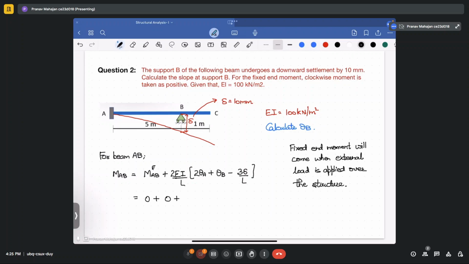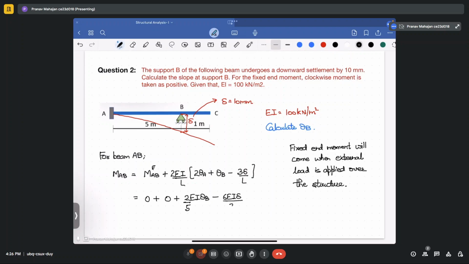Now your next term is 2EI theta B upon L. What is the value of L? L here is 5. And then your next value will be 6EI delta upon L square.